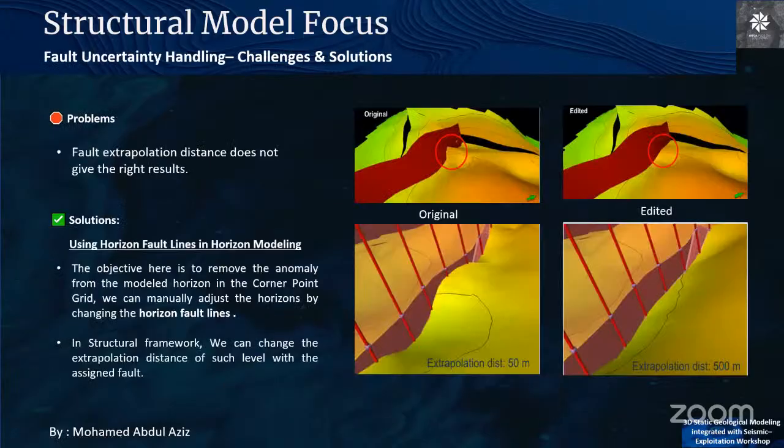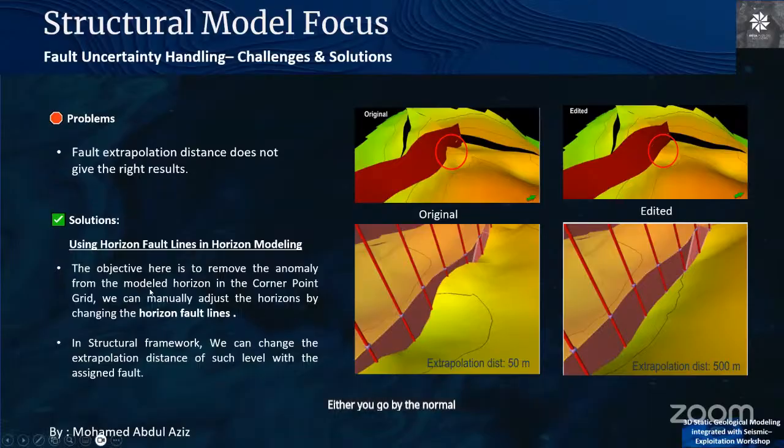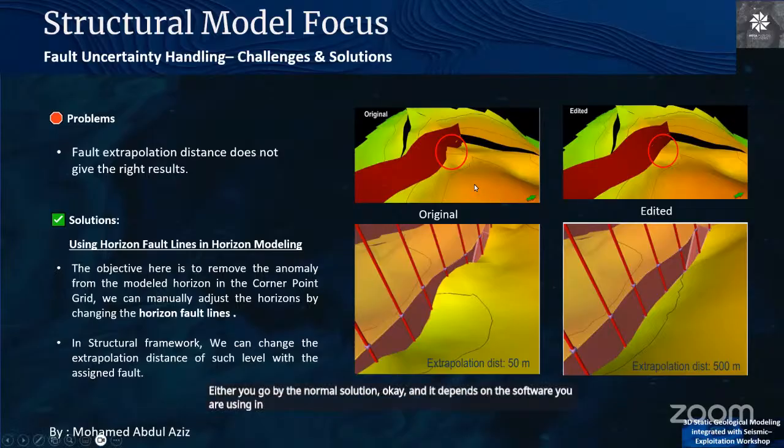One of the problems here is also the extrapolation distance. The extrapolation distance of the hanging wall does not fit with the geological sense. It has some anomaly like here. It depends on the software you are using. In Petrel, there are two ways.